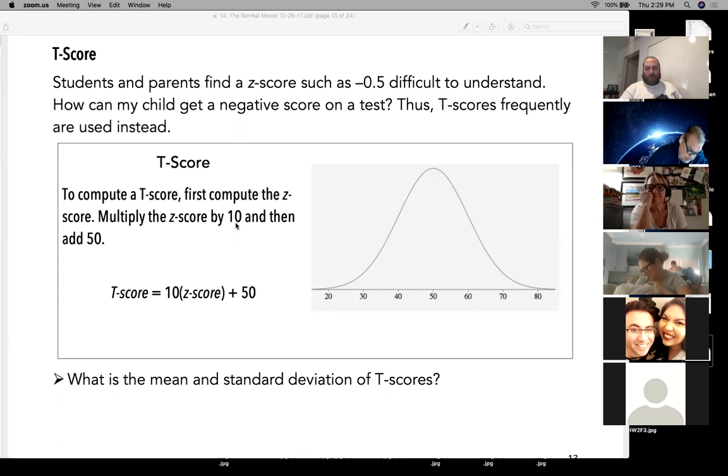Okay, so Lori, you were saying a z-score of negative 0.5 means what? It's a negative halfway from the, no, falls below the mean halfway. No. Halfway to what? What does that mean, halfway?